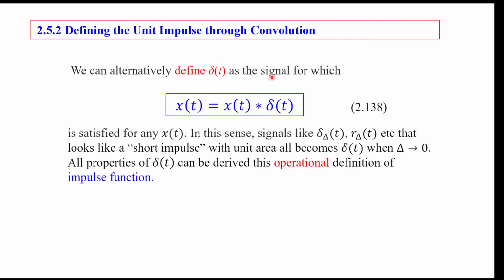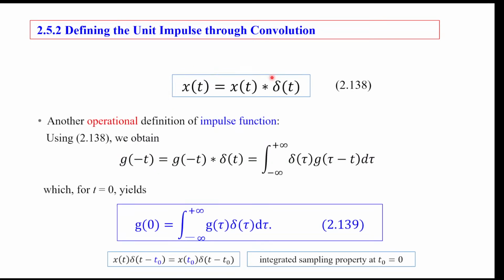For example, we can derive that if you multiply delta function by another function and then integrate, you get the function at 0. So now it's like a sampling property, integrated: the integrated sampling property at t0 equals 0.